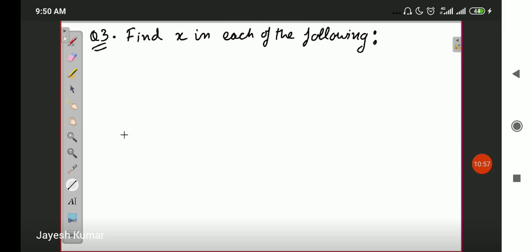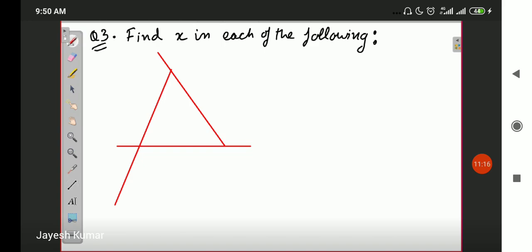So first of all, A part, and I will first of all draw the diagram as it is given in the book. This is one line, then this is another line, and then finally a third line. There are some arrows. This is an arrow, this is an arrow.